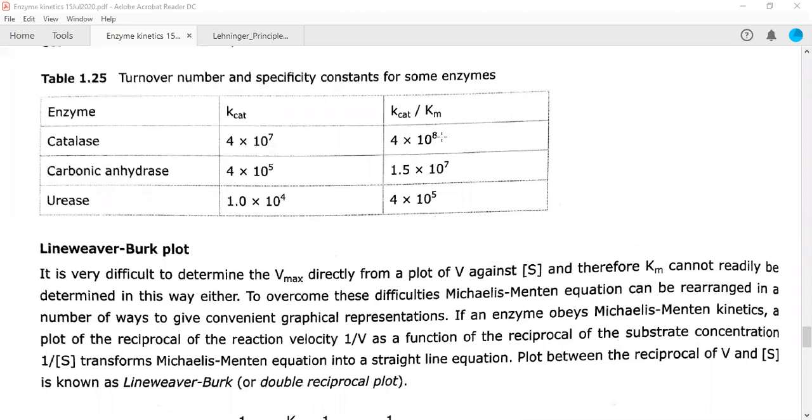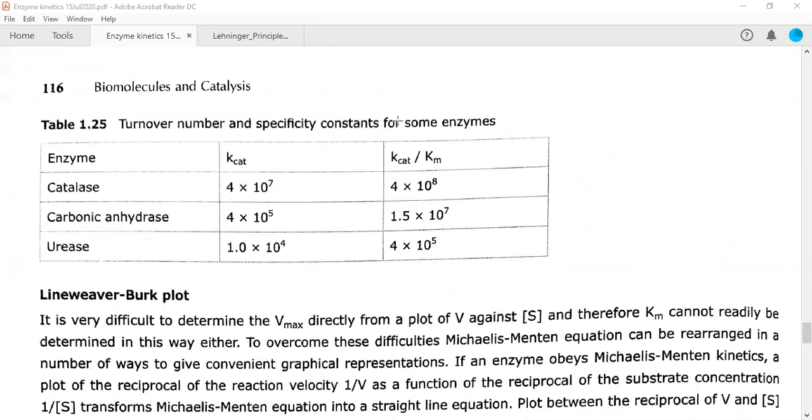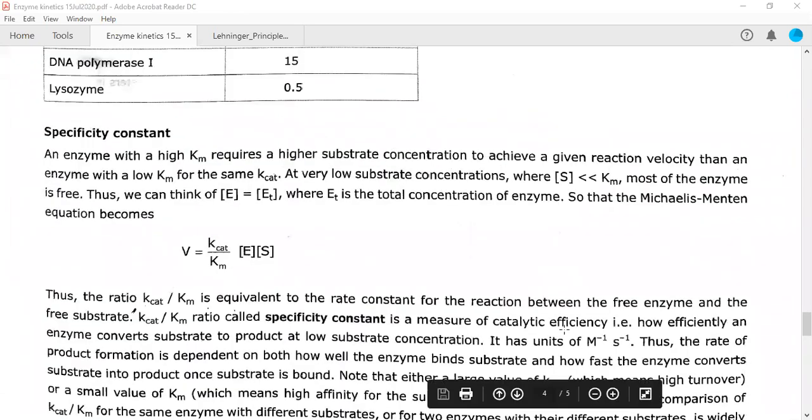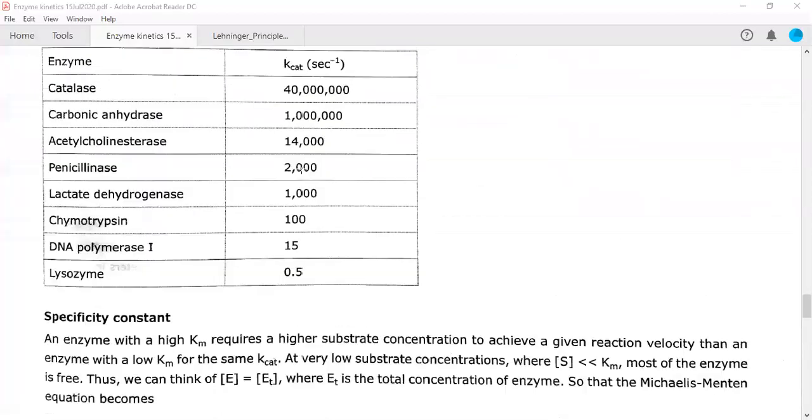So this is a more catalytically efficient enzyme. So both are different things. You need not confuse. One is the turnover number, one is catalytic efficiency. So these are two different terms you should keep in mind. One is kcat, one is kcat divided by Km.